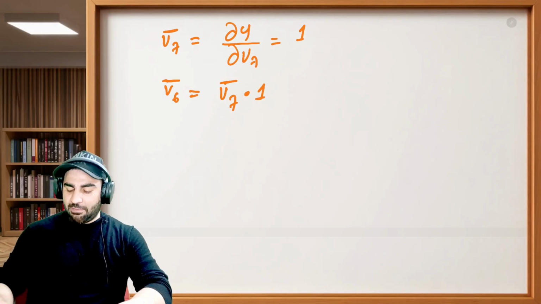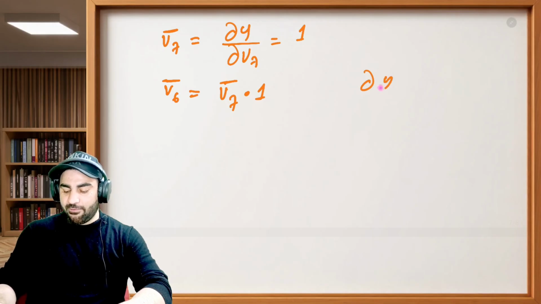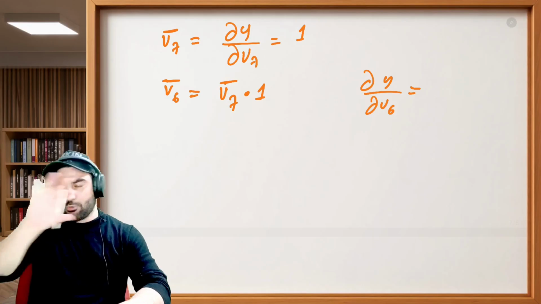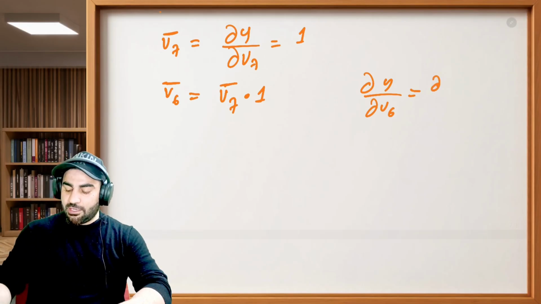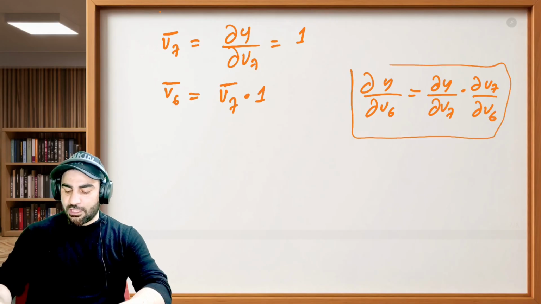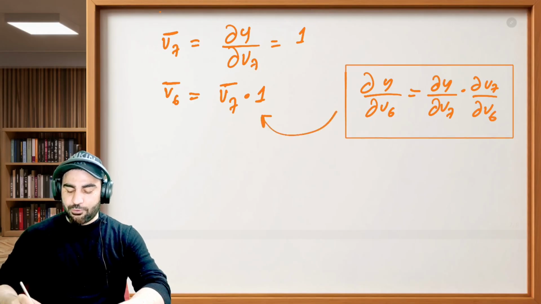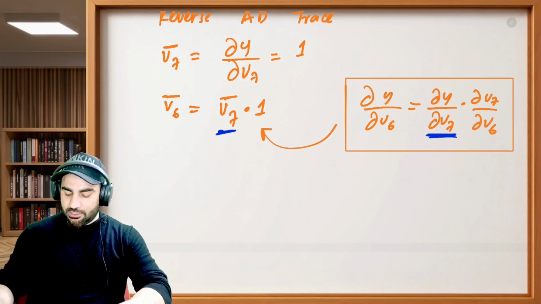Why? Because I'll start like this: the derivative of y with respect to v6. I can write it by the chain rule, since we have done enough of it: dy by dv7 multiplied by dv7 by dv6.